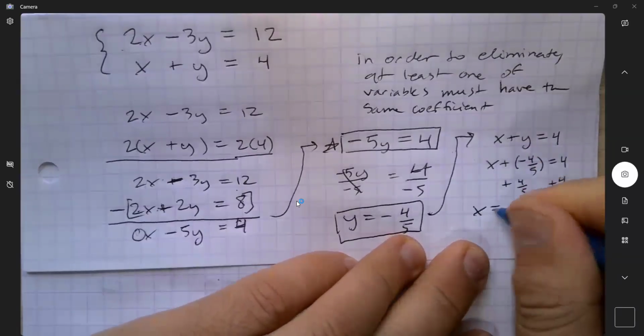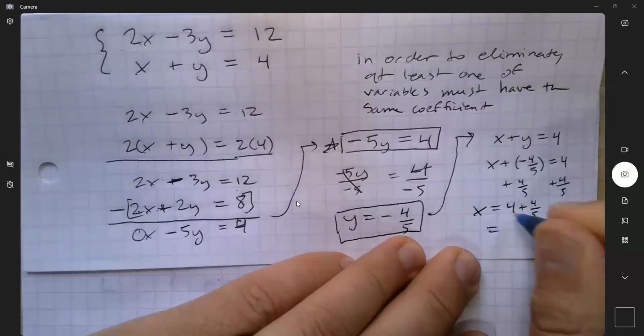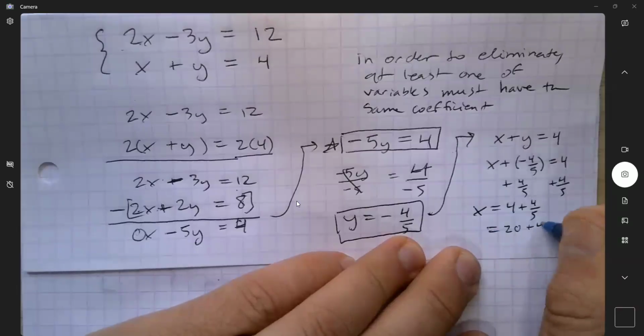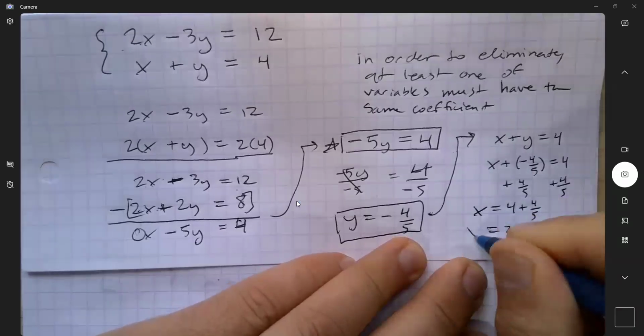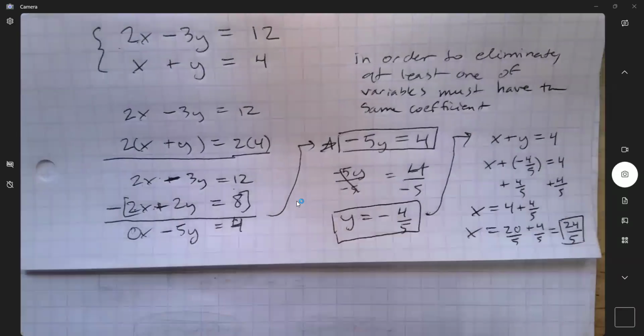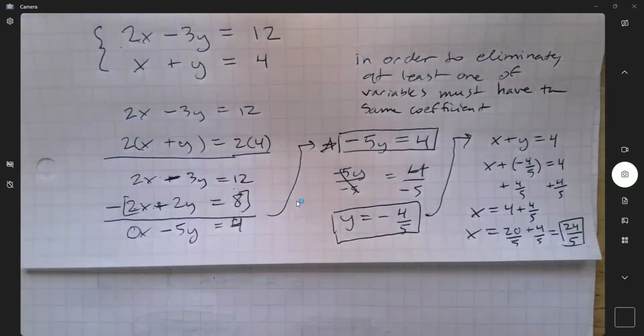And we get x equals 4 plus 4/5, which is 20/5 plus 4/5, which is 24/5. And I'm kind of running out of room there, but this is good practice for you to follow through the arithmetic yourself.